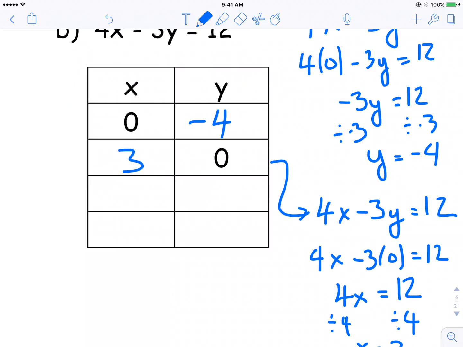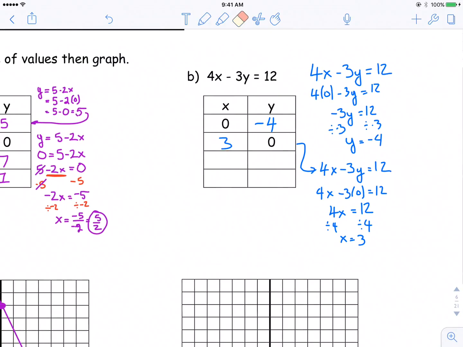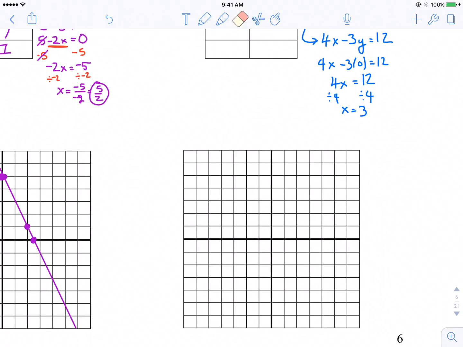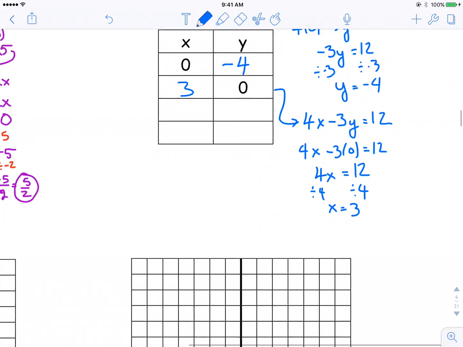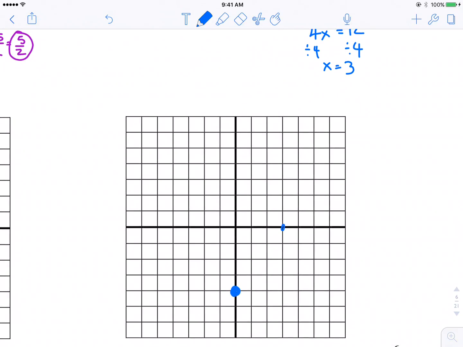Now the beauty of the x and y intercept method is actually right now I could probably just take those 2 points, 0, negative 4, and 3, 0. There's my x and y intercepts.